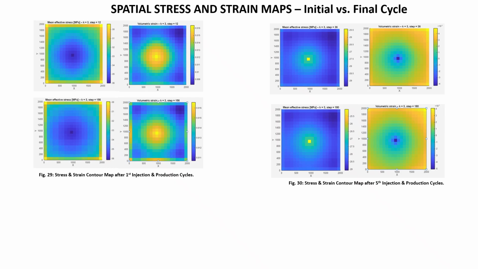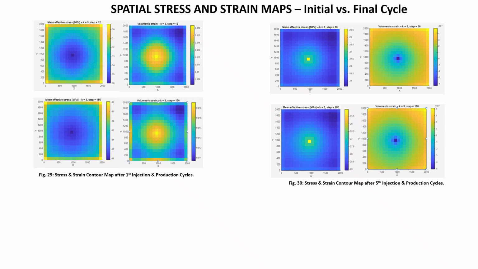Starting with the injection phase on the left hand side of the map, in both cycles we see injection reduces compression around the well from -35 megapascal down to -30 to -32 megapascal.